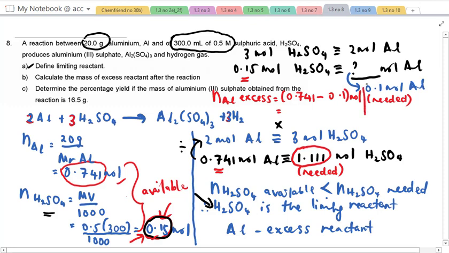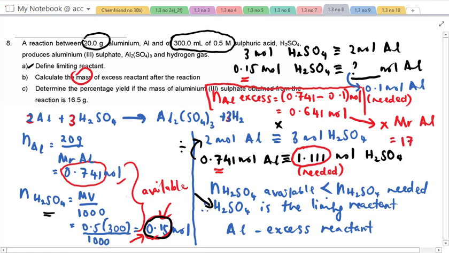Okay, this is here. This is the mole excess of aluminium. So 0.741 minus 0.1 equals 0.641 mole excess. But it wants mass. So what to do with this mole is to times with the molar mass of aluminium. Final answer is 17.31 gram of aluminium.